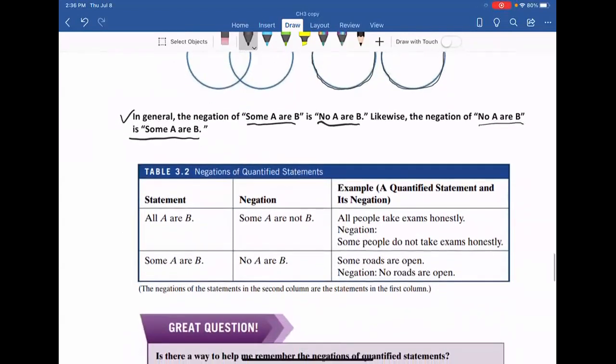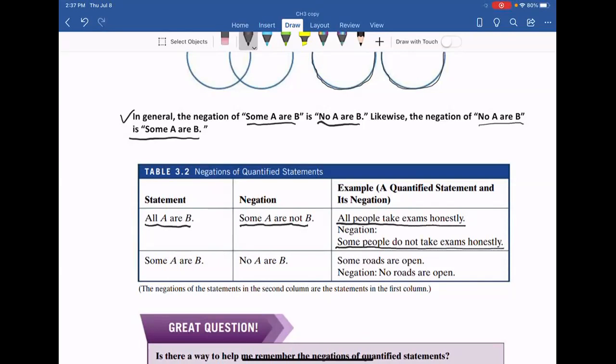Here is the summary table, negations of quantified statements. If the statement is "all A are B", the negation is "some A are not B". Here is the example. All people take exams honestly. The negation is some people do not take exams honestly.